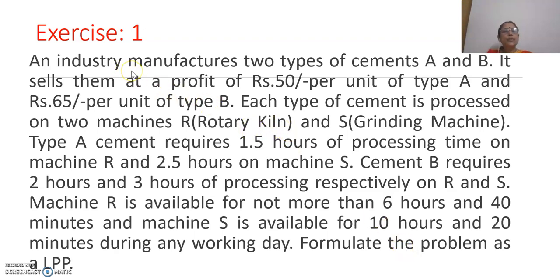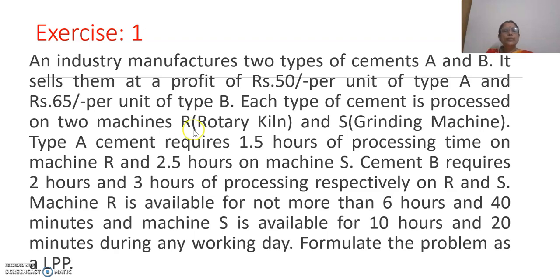This example deals with an industry manufacturing two types of cements, namely A and B, and each of the types of cement are being sold for rupees 50 per unit of A and rupees 65 per unit of B. So the profit per unit of A is rupees 50 and profit per unit of B is rupees 65. And each of these types of cement are required to be processed on two machines R and S.